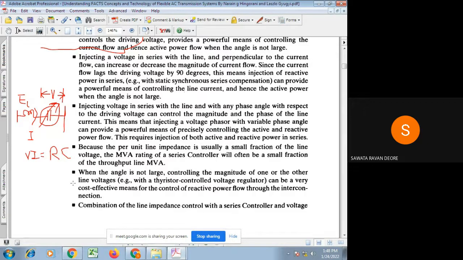Whatever compensator you are utilizing, its rating is V into I, where V is the voltage injected by that compensator and I is the rated current of the line. For a given transmission line, its power rating is what? E into I, where I is the rated current of the line, is the power rating of the line.